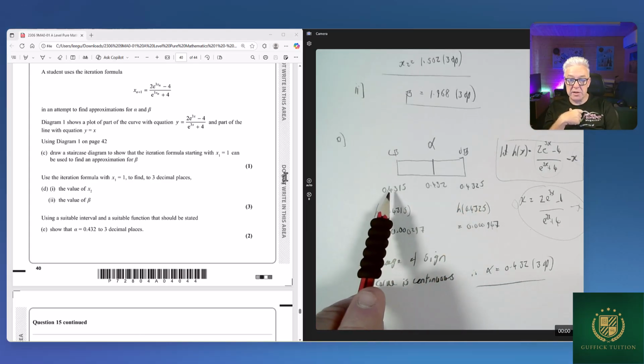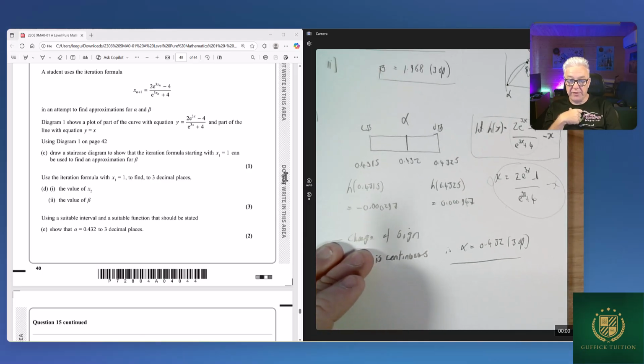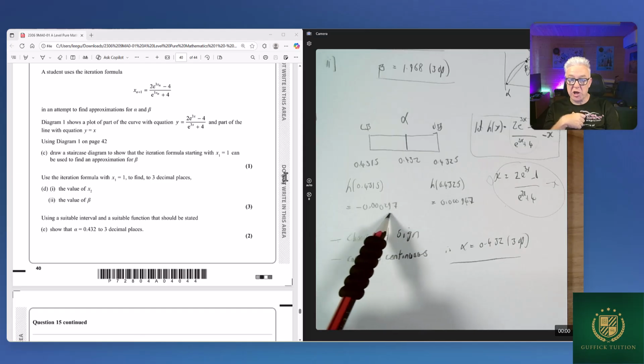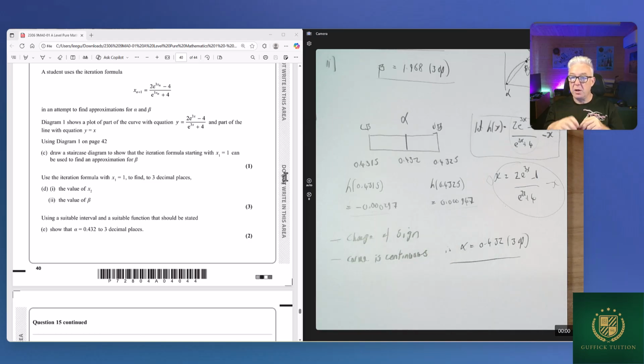Our lower bound is 0.4315. So we evaluate our function at the upper and lower bound, and sure enough we get a change of sign. So the fact that we've got a change of sign in between the upper bound and the lower bound means that there's a root in that range, at least one root.